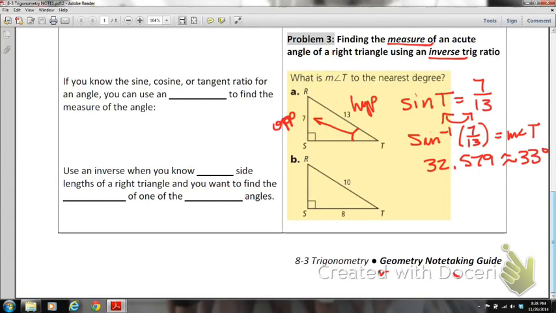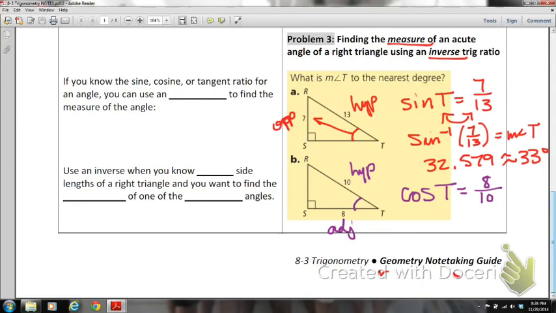In part B, looking again from the perspective of angle T, I know the side that's adjacent to T is 8, and the hypotenuse is 10, the side that's opposite the right angle. So adjacent over hypotenuse, which trig function is that? That's cosine. So cosine of angle T is equal to adjacent over hypotenuse, which is 8 over 10.